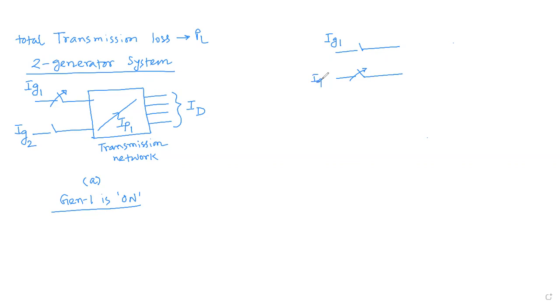We have the same transmission network. Now, due to source 2 being active, the current flowing through the pth link is, let's say, IP2, whereas the total demand is still ID.